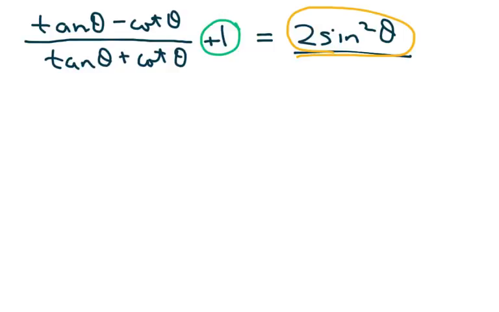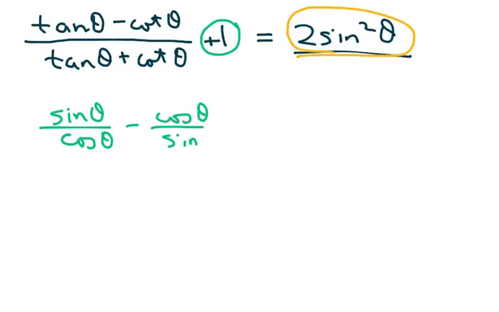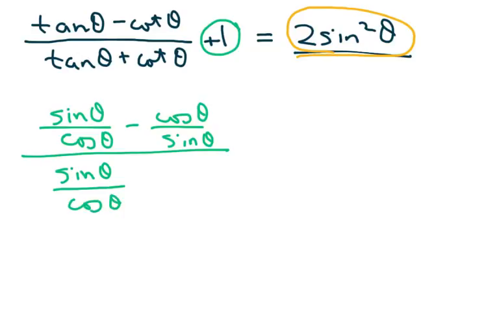So what we have is sine over cosine minus cosine over sine. Same thing, but a plus in the denominator: cosine over sine plus sine over cosine. I'm just copying this. And then we have this plus 1.